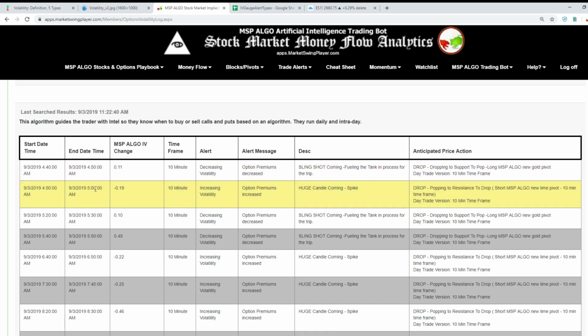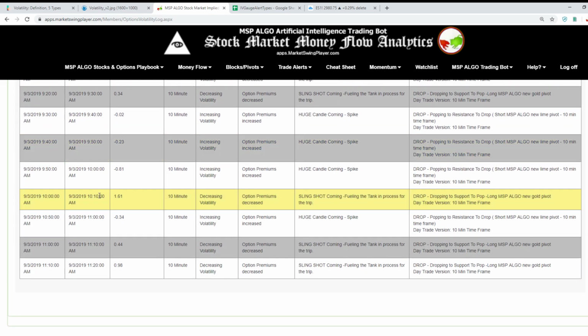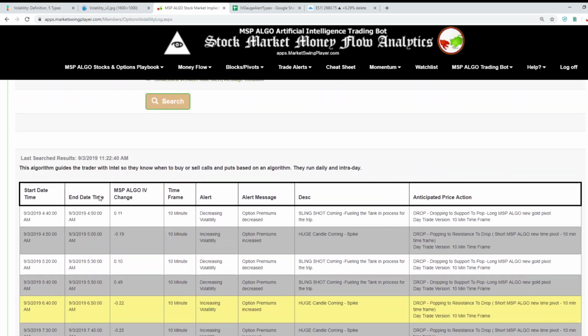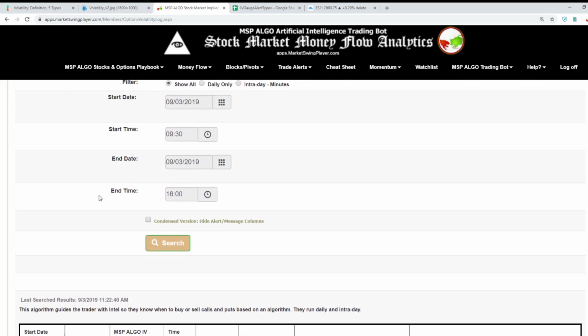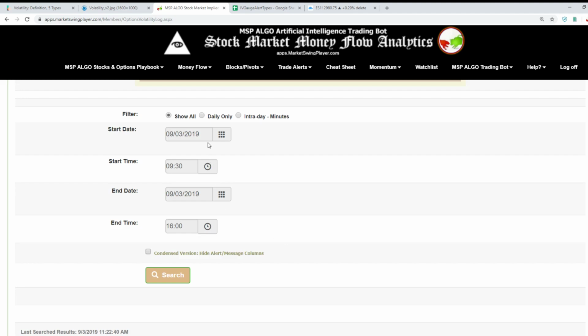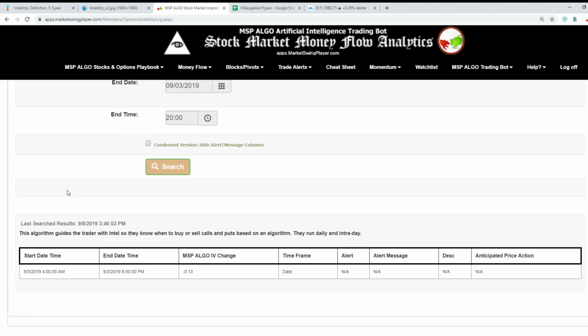So these are in ascending order. And you could search one day, or you could search multiple days. In this scenario, we're searching for one day. So if you want to do a daily only, we should see one transaction because we only did one day.